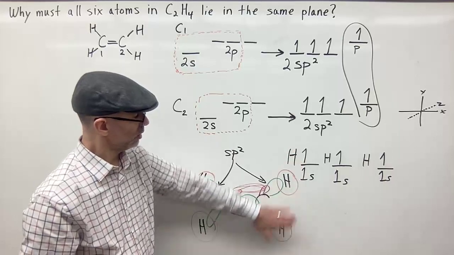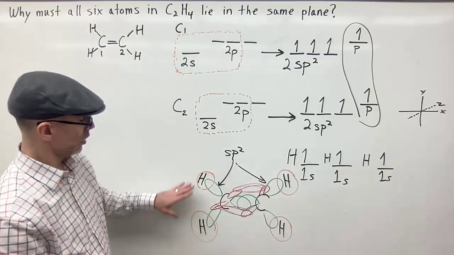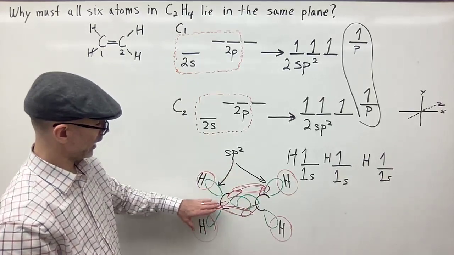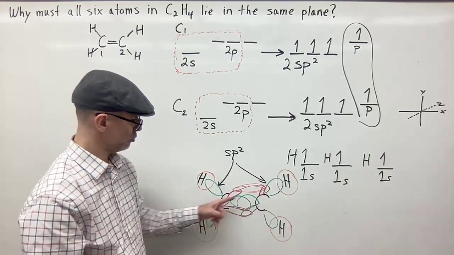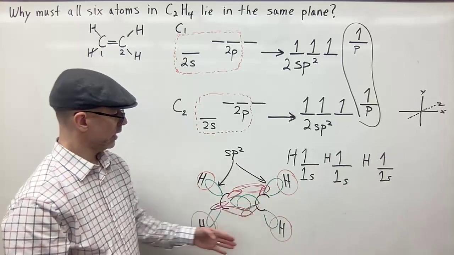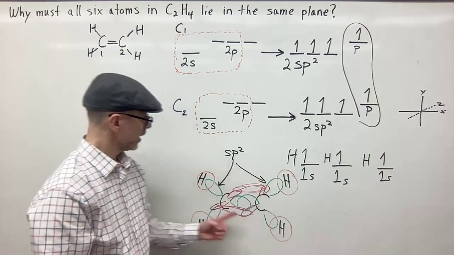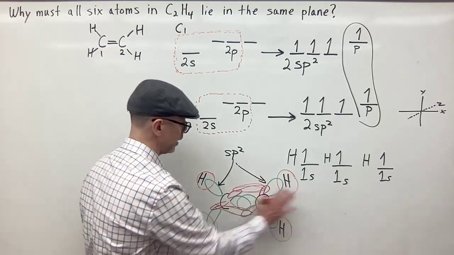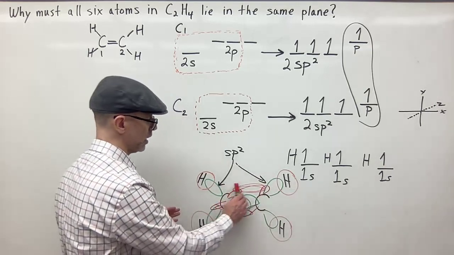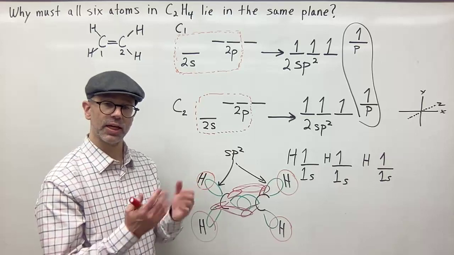So the two hydrogens here and the two hydrogens there are all in the same plane as the two carbons here. So these two carbons are in the same plane. And since this is trigonal planar, and this is trigonal planar, they're all going to be in the same plane, and there's not going to be any rotation because of the pi bond that's holding it in place.